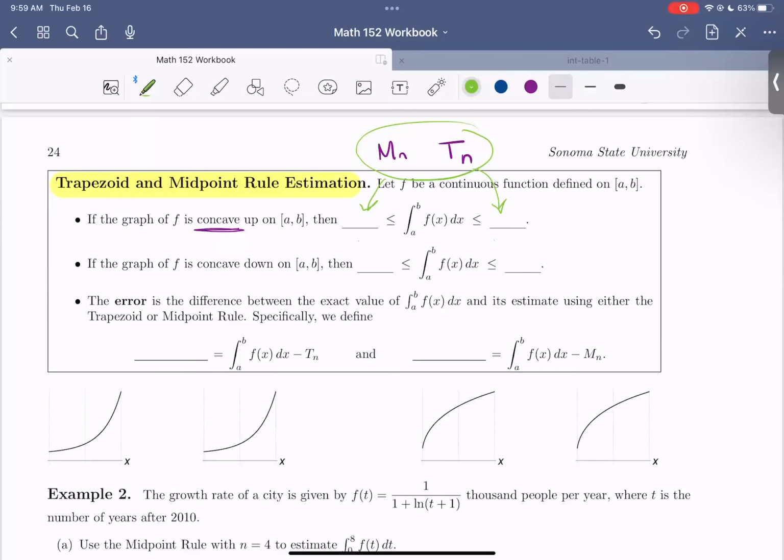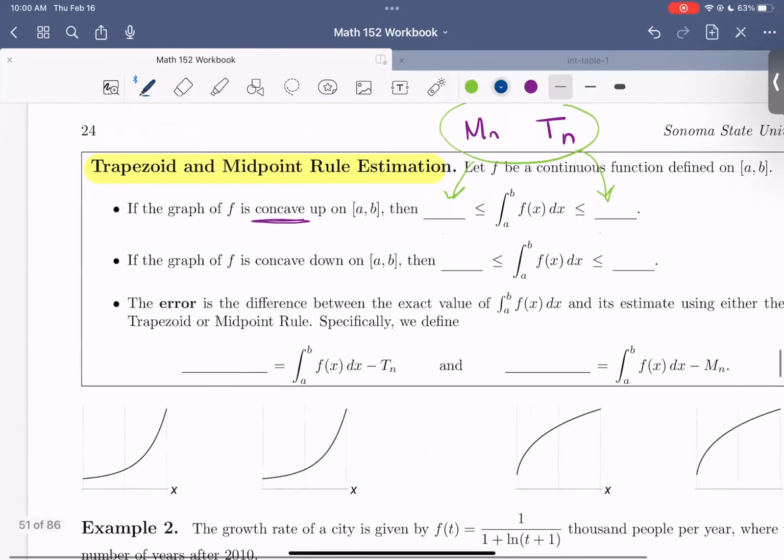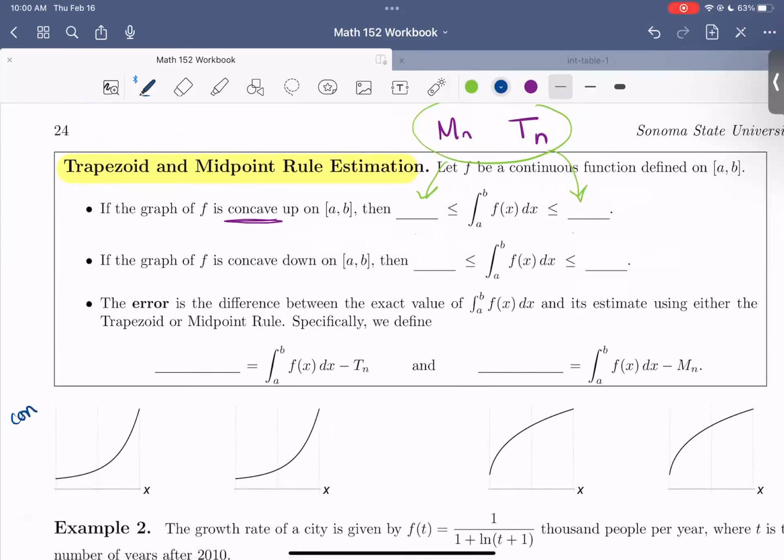To do that, let's look at these example graphs that we have drawn for us here. We first look at the concave up situation because that's what we're dealing with. Let's draw in what those shapes would look like, meaning if we did a midpoint or a trapezoid. Let's just use one rectangle because it shouldn't depend on how many rectangles we use.